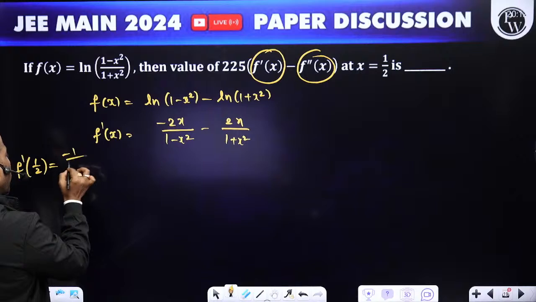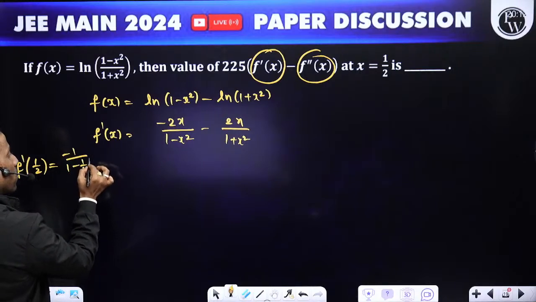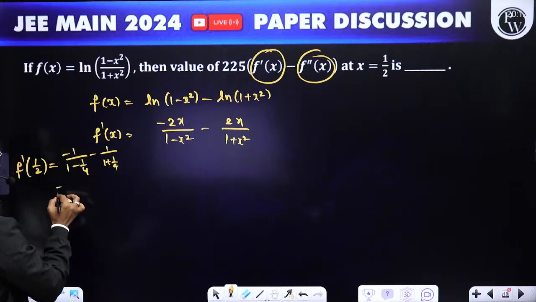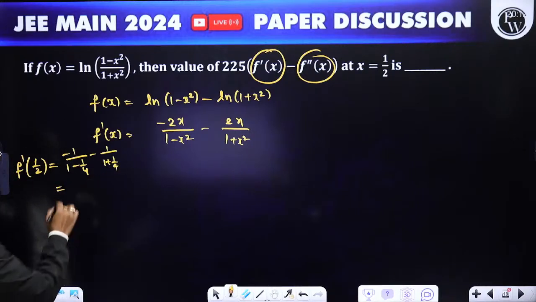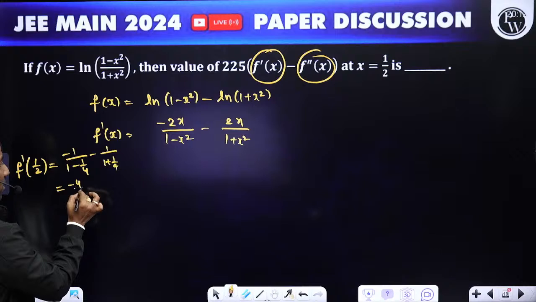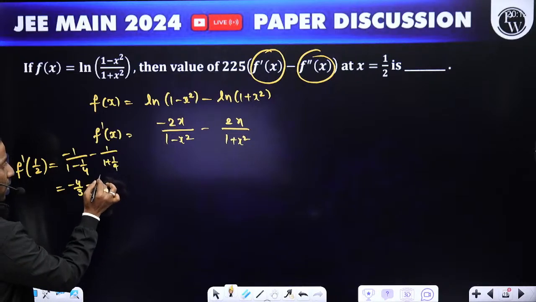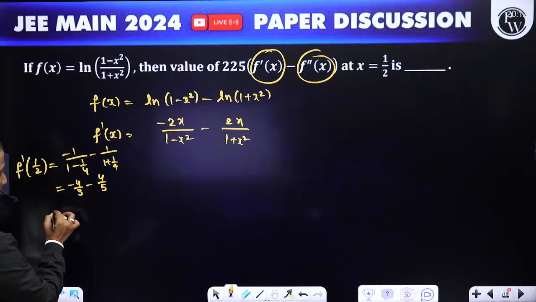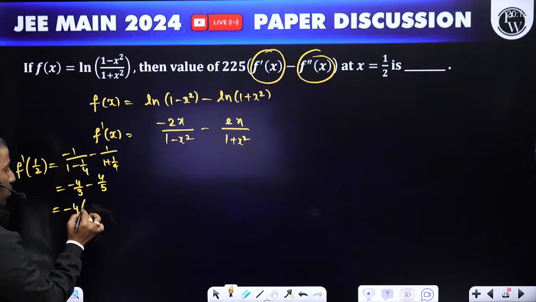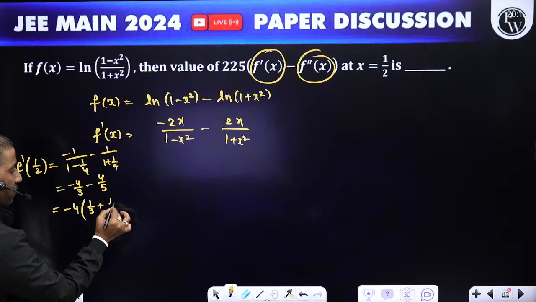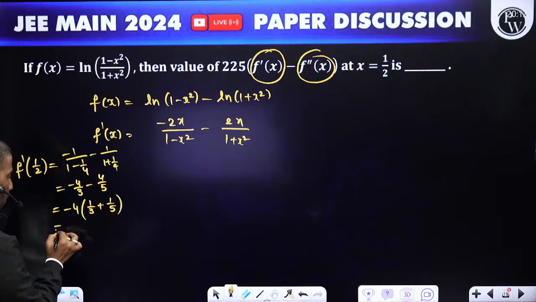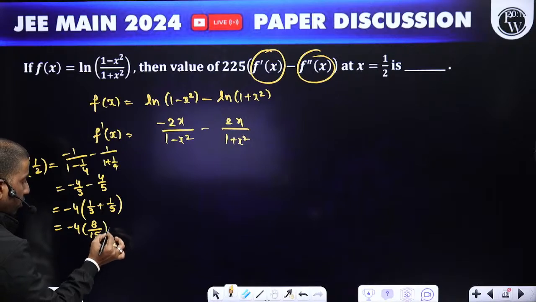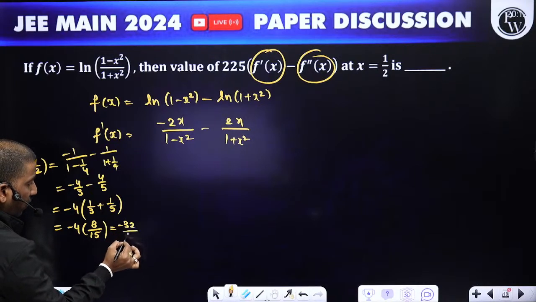So minus 1 by 1 minus 1 by 4, minus 1 by 1 plus 1 by 4. So what do you get? Minus 4 by 3, minus 4 by 5. So this is minus 4 times (1 by 3 plus 1 by 5), minus 4 times 8 by 15, which is nothing but minus 32 by 15.